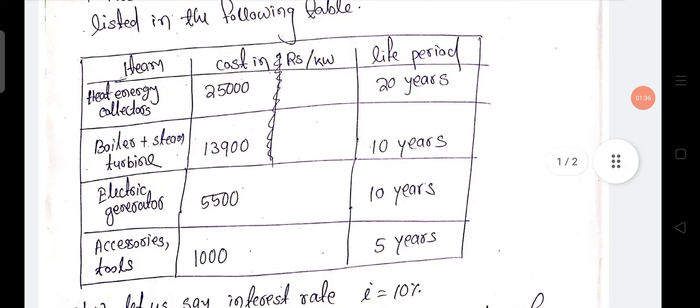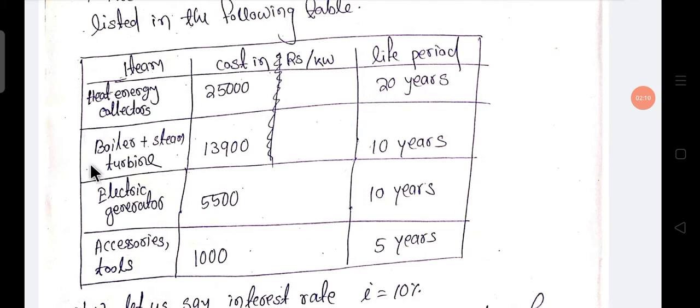It is just like one example. Here we consider the heat energy collector cost is 25,000 per kilowatt. For producing 1 kilowatt we use 25,000 for heat energy collectors, and the life period of that heat energy collector is, let's say, 20 years.